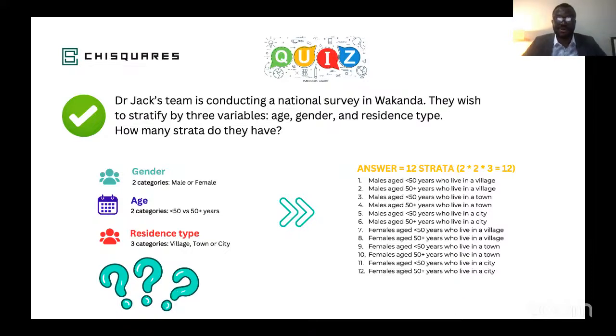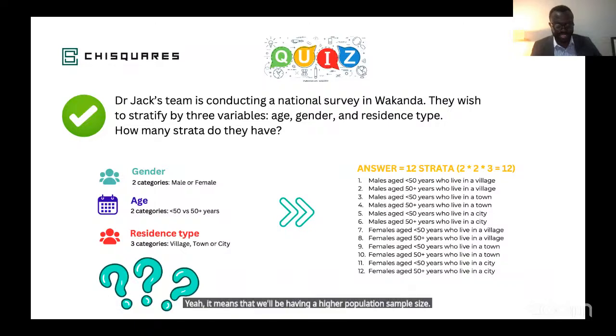So in terms of a sample size, what does this mean? What is the implication for our sample size now? Yeah, it means that we'll be having a higher sample size. Thanks. Can you be more explicit?